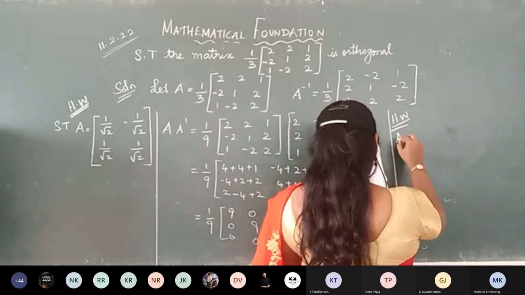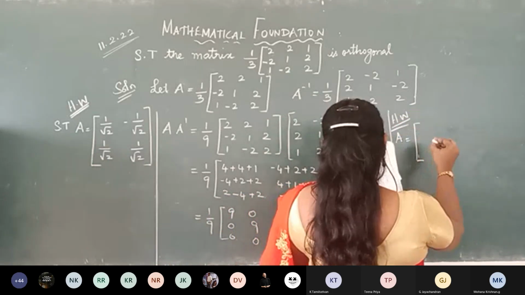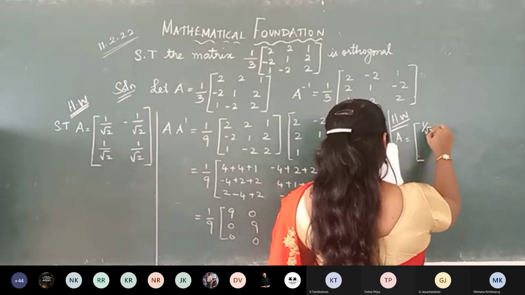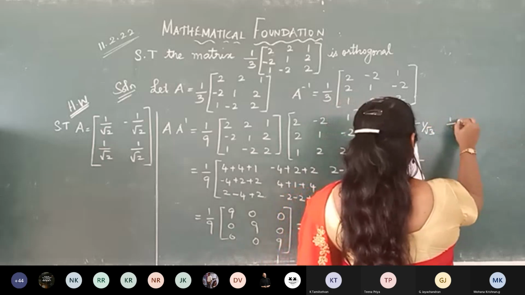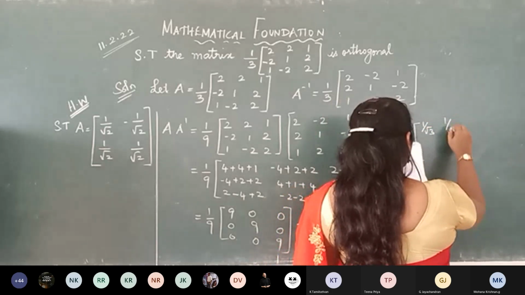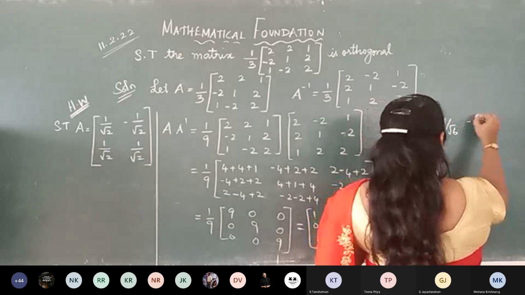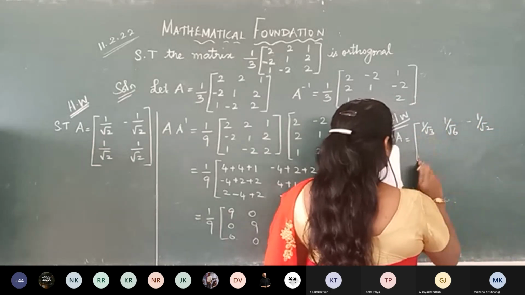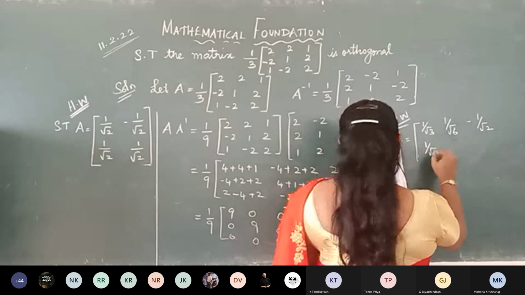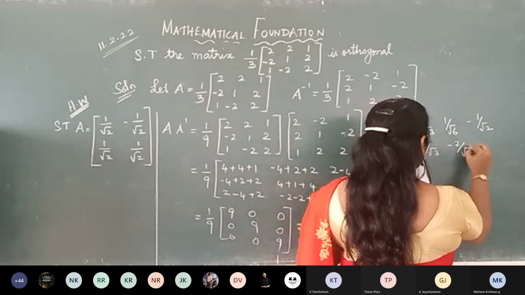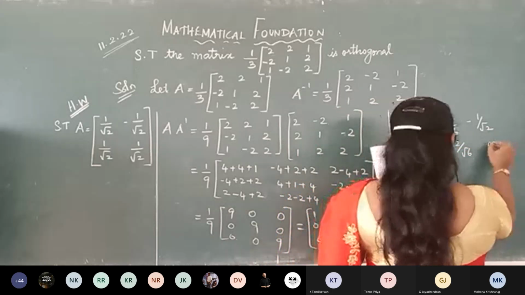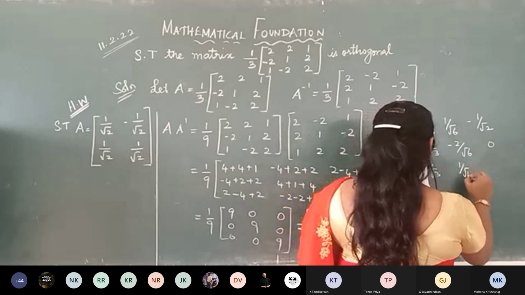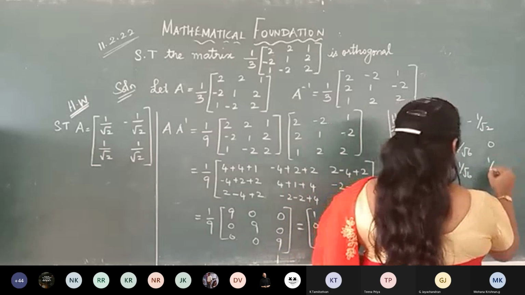If A is equal to this, that is 1 by root 3, 1 by root 6, minus 1 by root 2, 1 by root 3, minus 2 by root 6, 0, 1 by root 3, 1 by root 6, 1 by root 2.